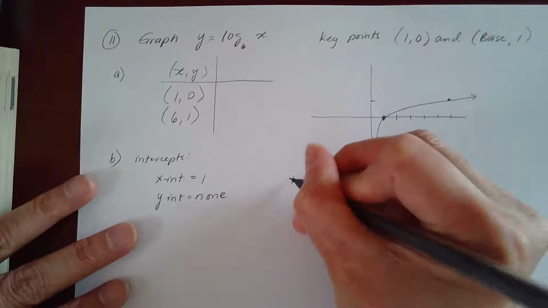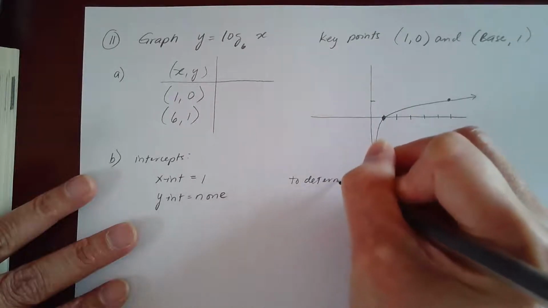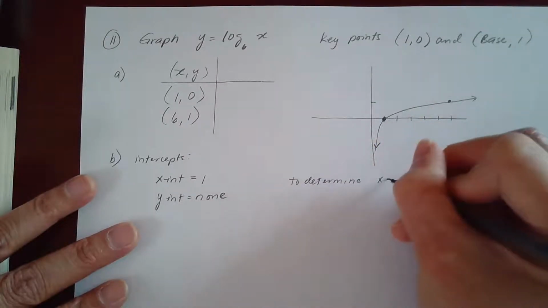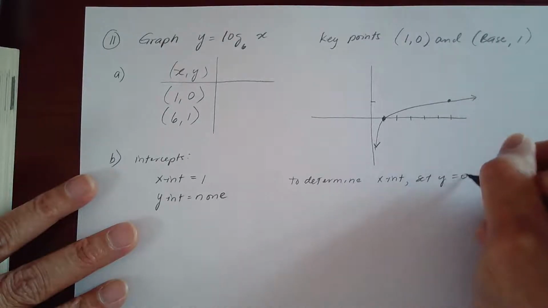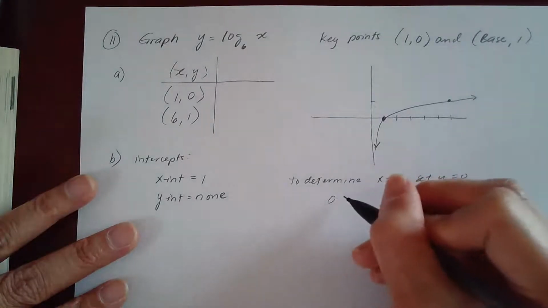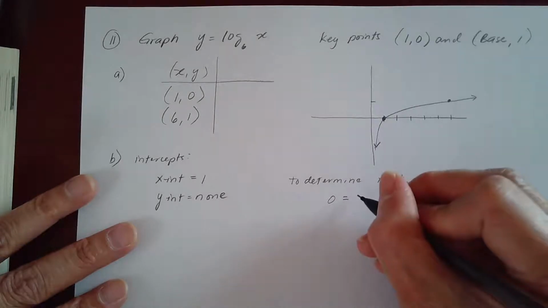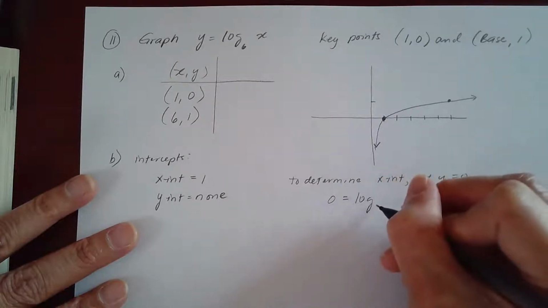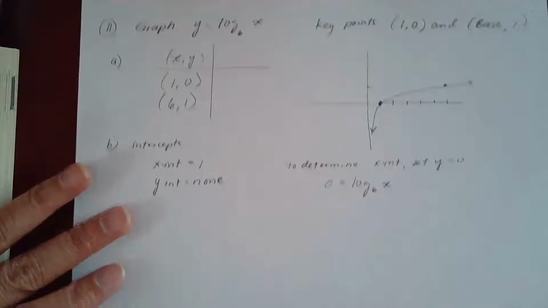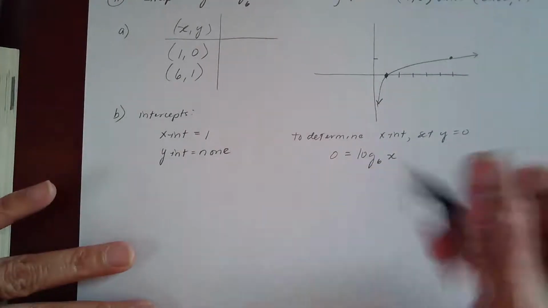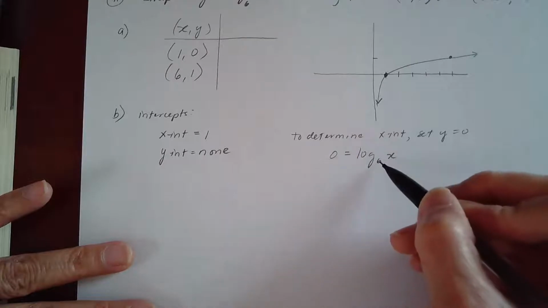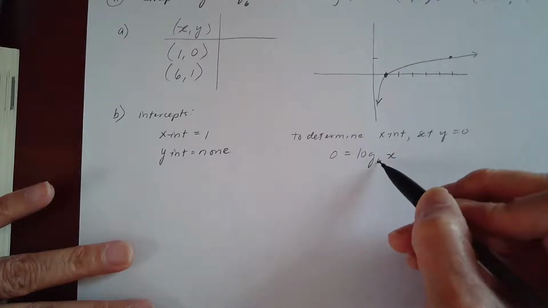So to determine x-intercept, we're going to set y equals to 0. So y equals to 0, log of base 6 of x. Okay, so how do we solve for this one? So we already have the exponent for base 6, so we can rewrite that as exponent form.